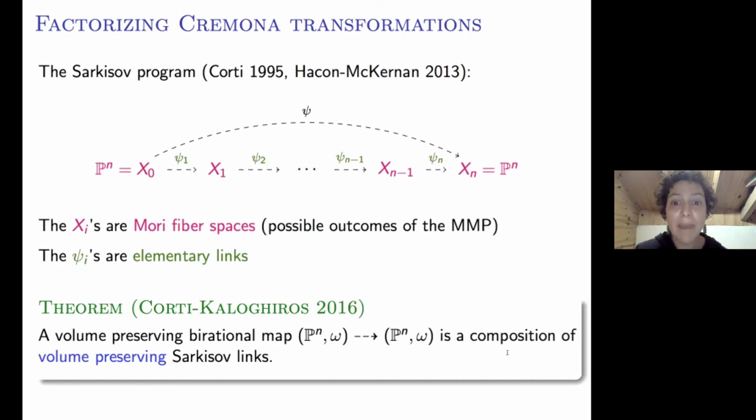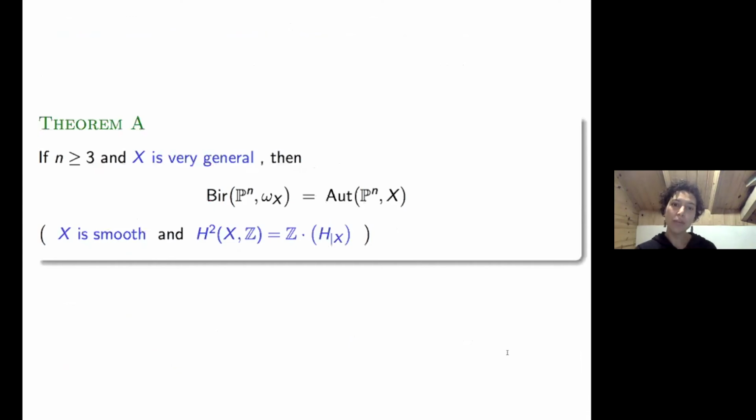Okay, so this is the main map, and we've been exploring this to approach this problem. And let me just state two of our theorems. So the first theorem says the following: that if your hypersurface is very general, and I put exactly what I mean by very general.